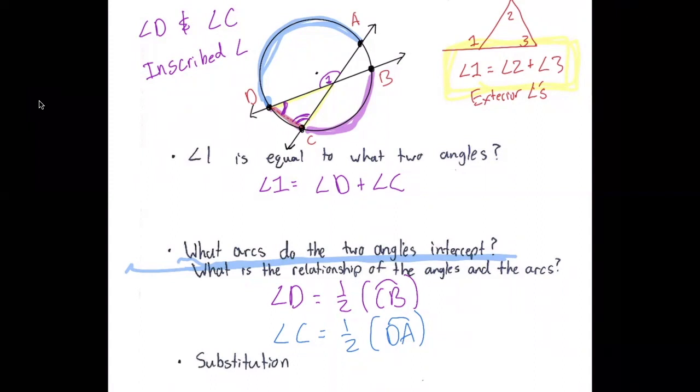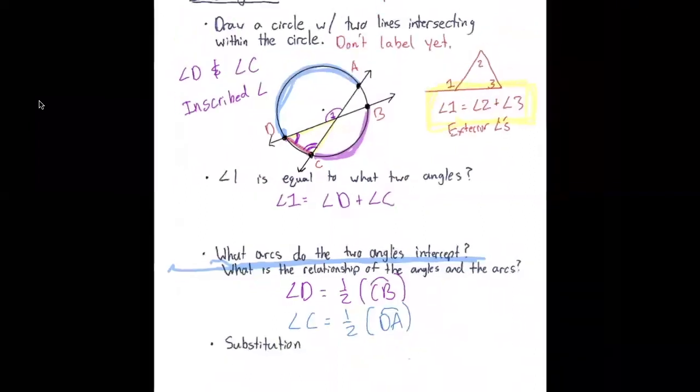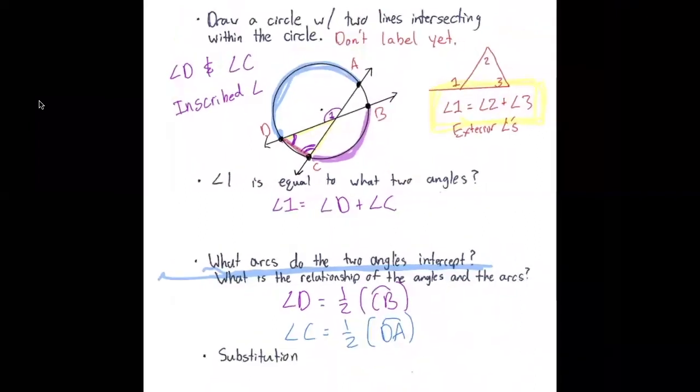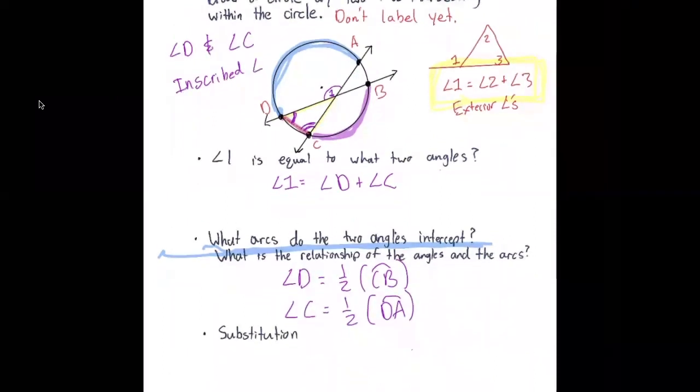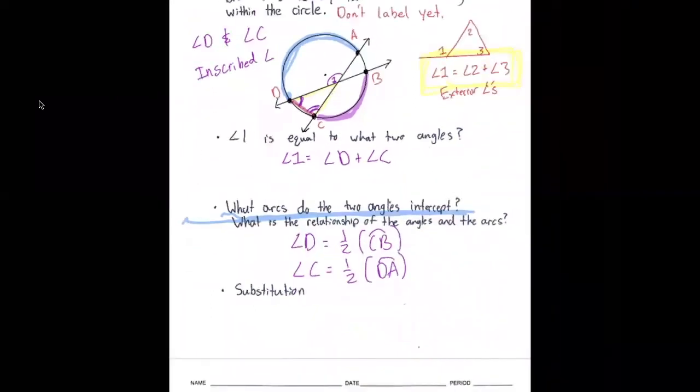Our goal is we're trying to see what angle 1 is. Our goal is to solve for angle 1. What is angle 1 in regards to the arcs? So now what we can do here is substitute. We're going to substitute these angles and switch them out with the arcs.